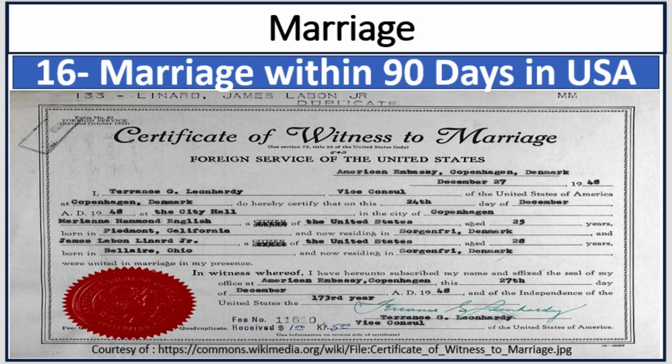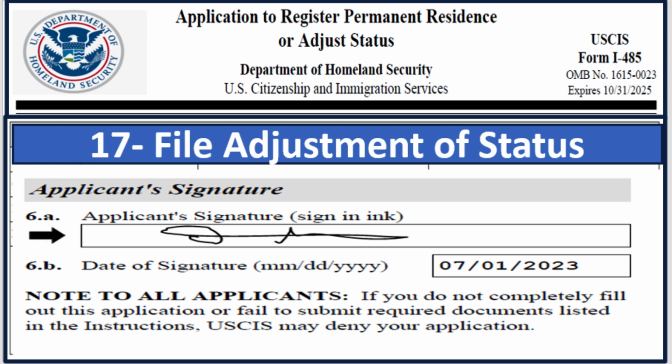So you marry your fiancé, you get your marriage certificate, and it's time to do the adjustment of status, which is step 17, filing for adjustment of status. The first step in filing adjustment of status is filing Form I-485.